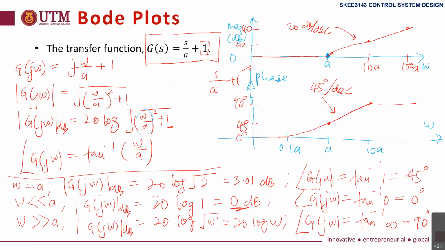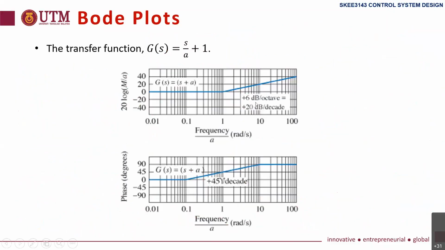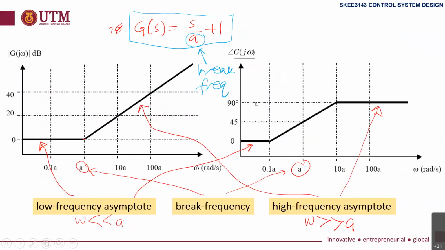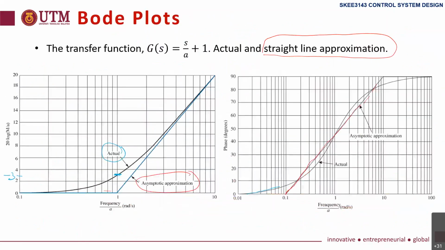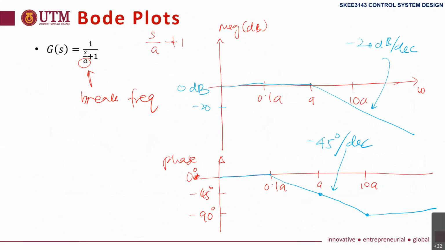And also we have 1 over s over a plus 1. So we have shown the magnitude and also the frequency, the phase response of each component.